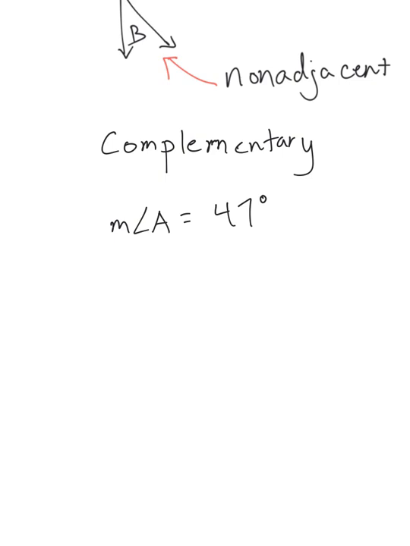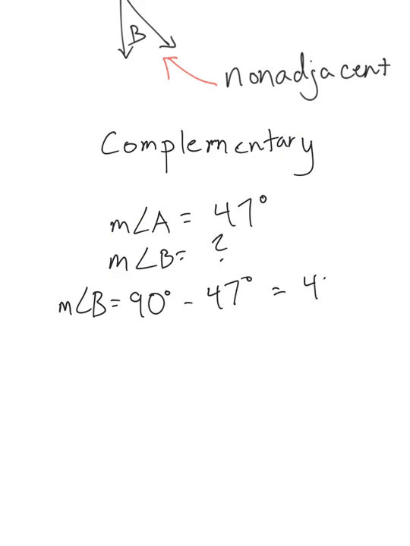Just to find the other one, let's say we want to find measure of angle B. Since we know complementary angles have to add up to 90 degrees, we take 90 degrees minus 47 degrees to find the measure of angle B, which would give us 43 degrees. And our answer would be 43 degrees.